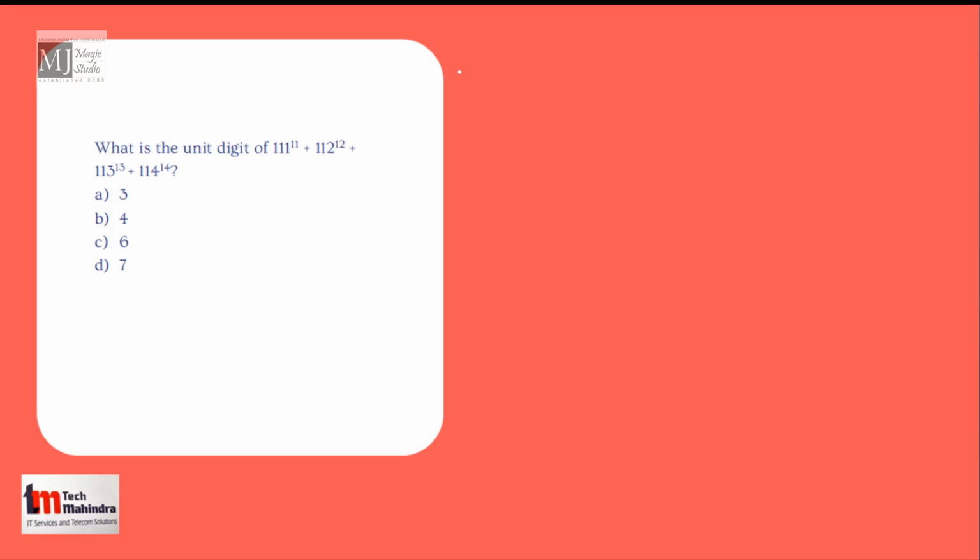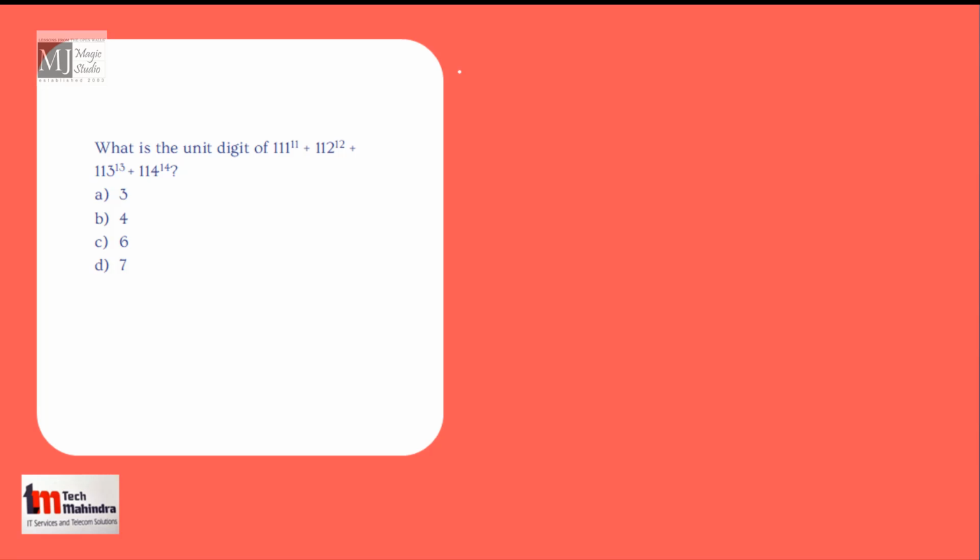Majority of the questions are from number system, arithmetic and data interpretation. I haven't found many questions from mensuration or geometry in Tech Mahindra, so I haven't taken those up.